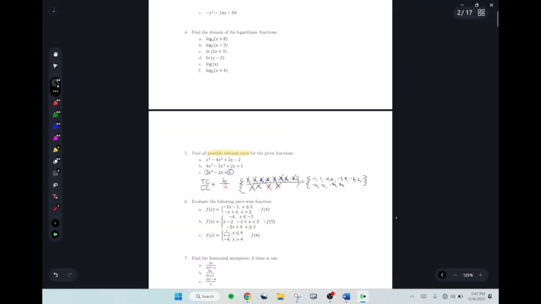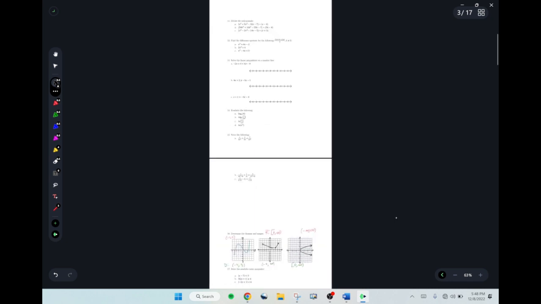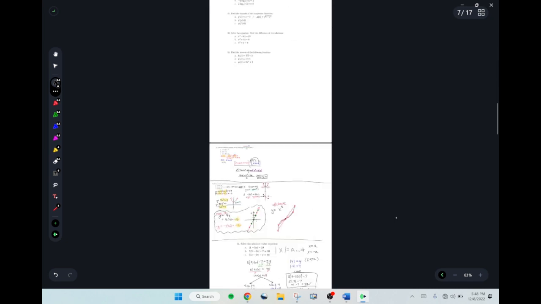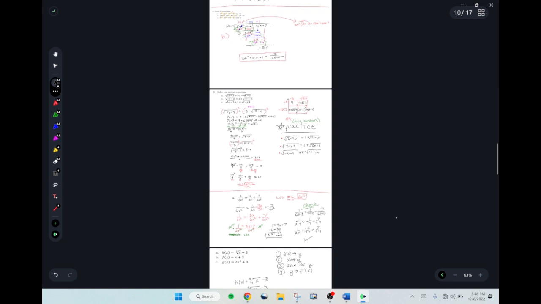All right, what else? Is there going to be any graphing where it says just, like, actually you can't really do that on Sketch.